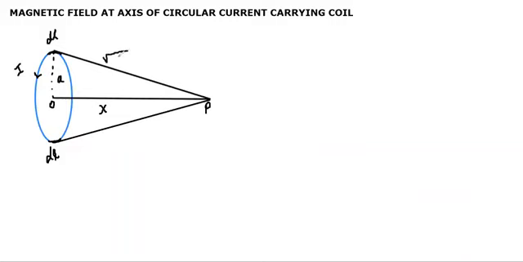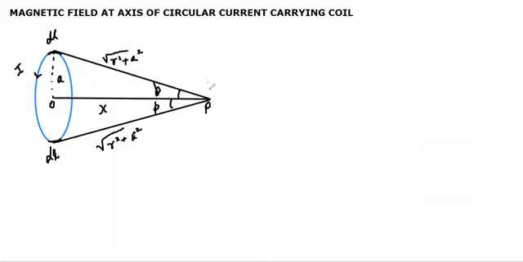This distance you can calculate by Pythagoras theorem, that would be under root r square plus a square, and this would also be the same, r square plus a square only. Let this angle be phi, and this would also be phi only.